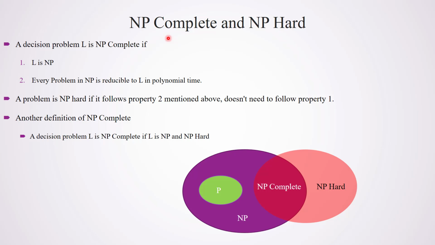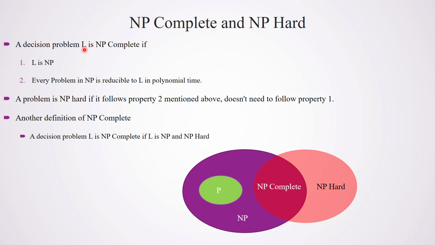Next is the definition of NP complete and NP hard. A decision problem L is NP complete if L is NP, and every problem in NP is reducible to L in polynomial time. We already studied what a decision problem is, and what reducibility is. Those two concepts are applicable in the definition of NP complete. So we have a problem called L. When can we say it is NP complete?